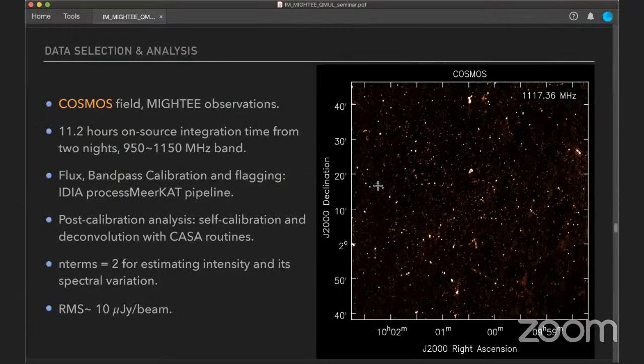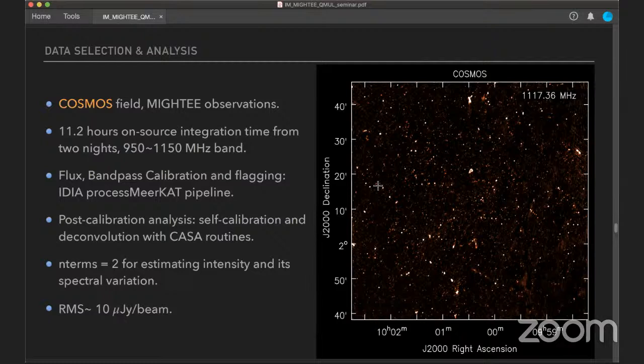So the data that we use are from this COSMOS field. The data is about 11.2 hours of duration on source integration, spanned over 2 nights in the frequency band 950 to 1150 megahertz. So it actually covers the full L band. But the data that we have selected is just sub-band data, so that we can make images faster and put out some results.